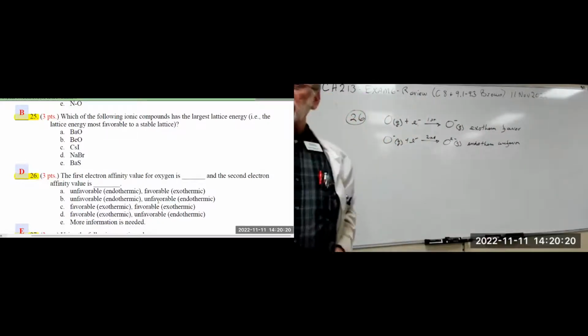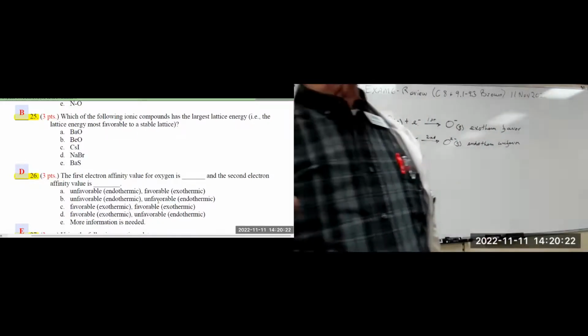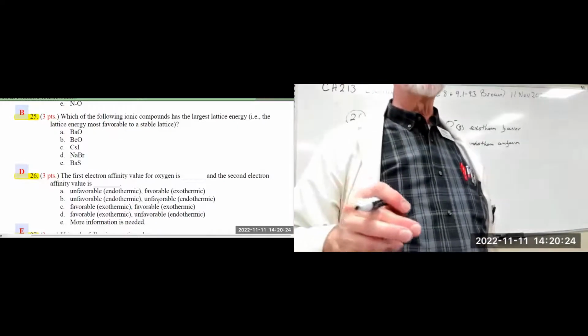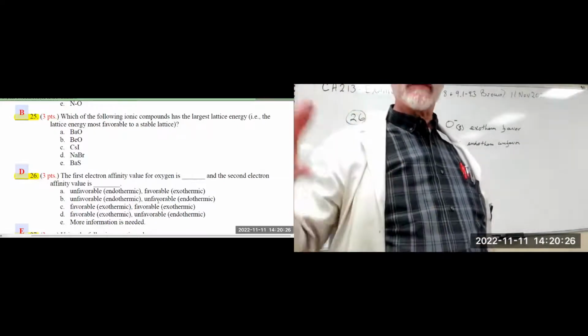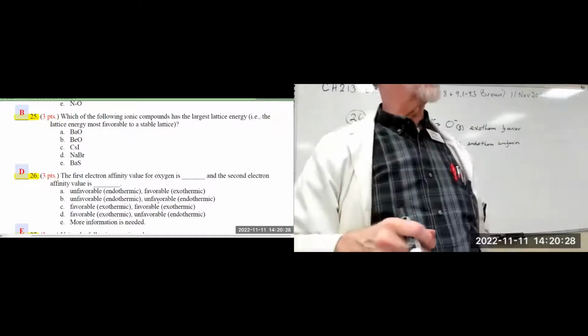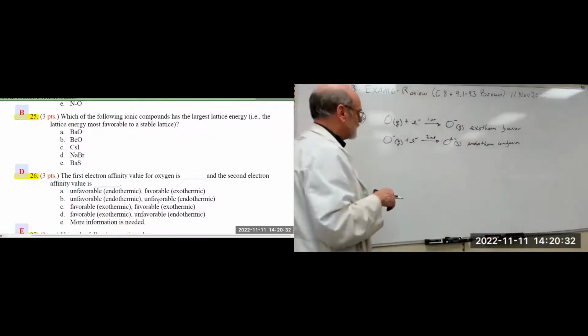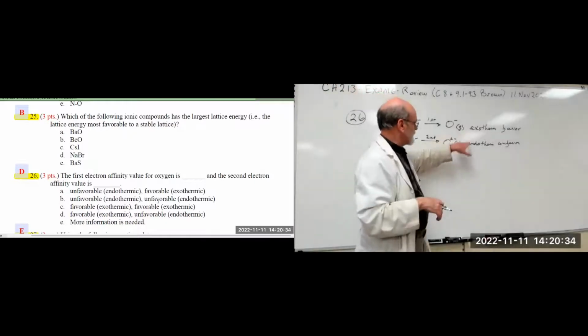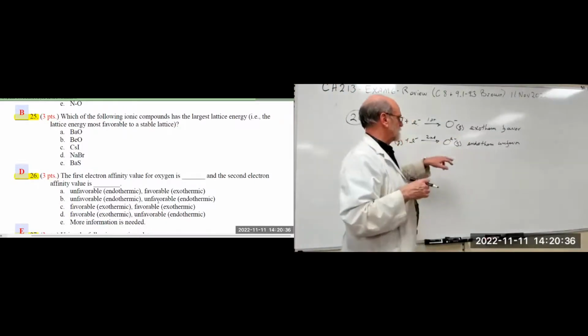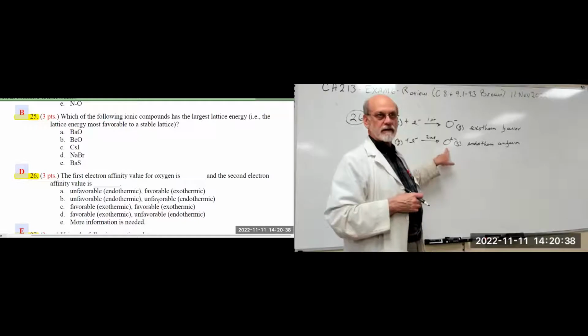Now, that begs the question. We know that oxygen prefers a 2- charge because it completes its outermost orbital, makes it look like neon. But if one is exothermic and the other is endothermic, then why does it end up over here?